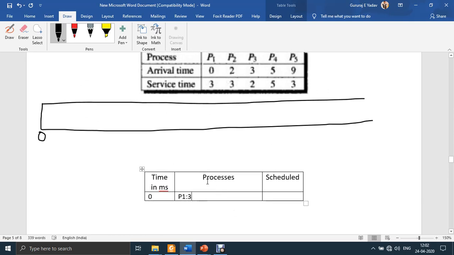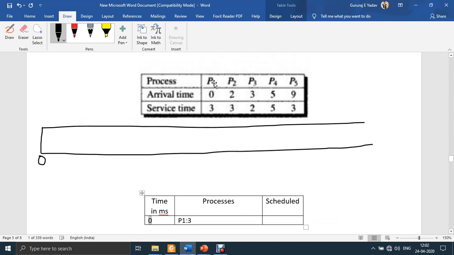So hope you are getting this. What will you write in this column? At time 0, which are the processes available in the system, ready to execute. That you have to list in this column. At time 0, only one process P1 is available in the system. So I'll write only one here. Since only one process is available and ready, that will be given the chance to execute.